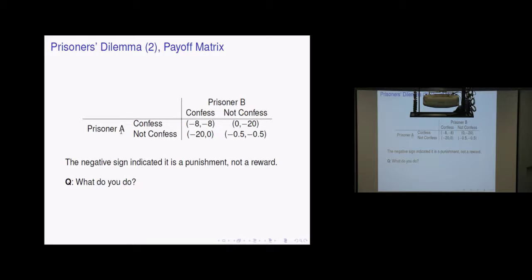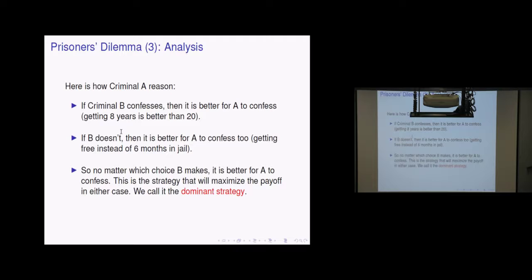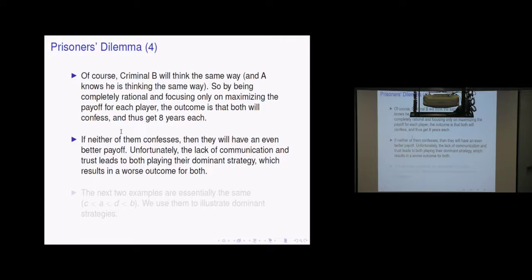Okay, so come back here. The problem for them is the lack of communication, right? Because in order to get the better payoff, you have to trust that the other guy also refuses to confess, right?